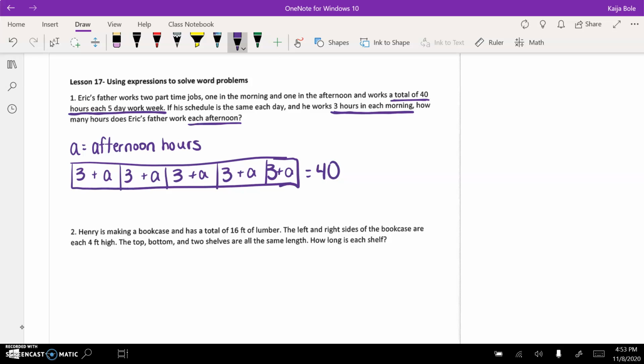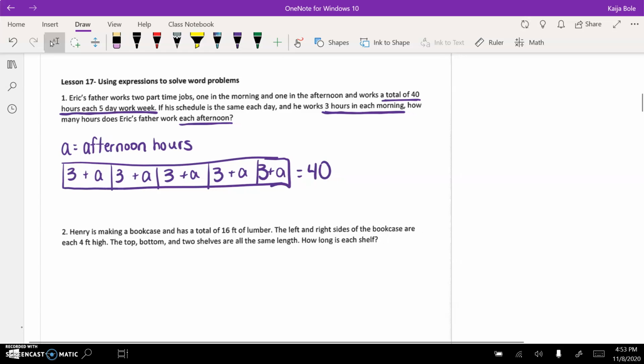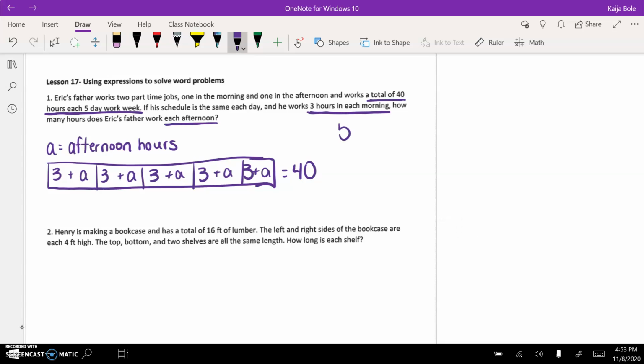So this is the most basic version. Now what I want to do is take that out of the visual and go off to the side here. So we have 5 of these 3 plus A's, and they equal 40.